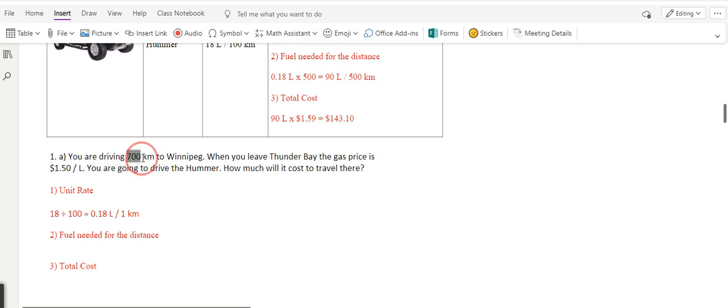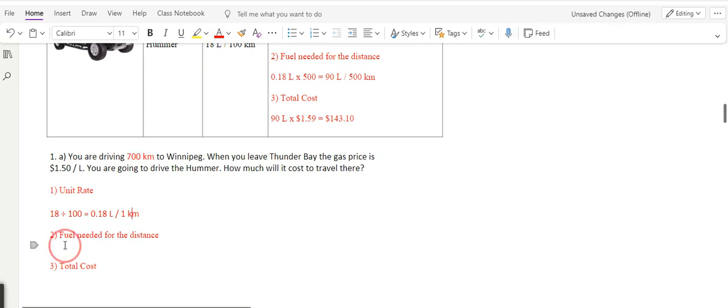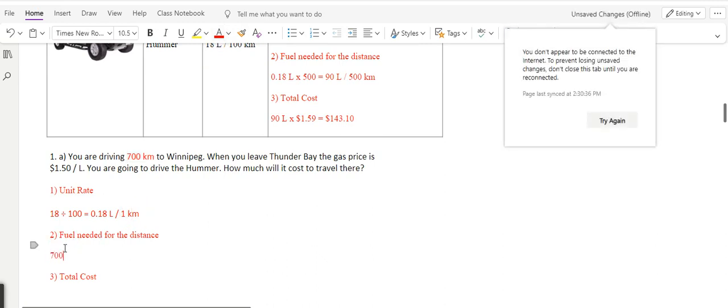Well, the distance we care about is now 700 kilometers. And so we're going to take 700 and multiply it by this 0.18 liters, or I should say 0.18 liters multiplied by 700.